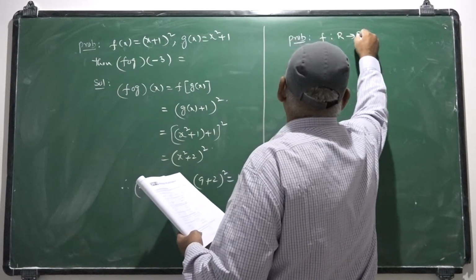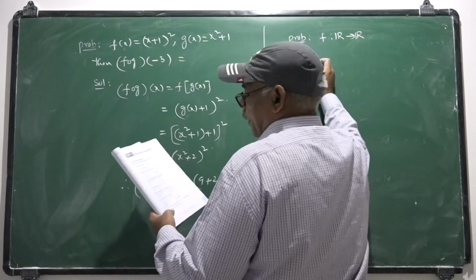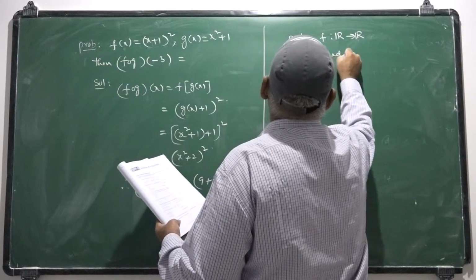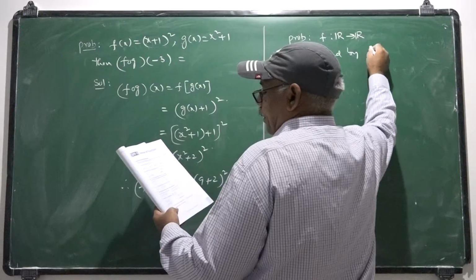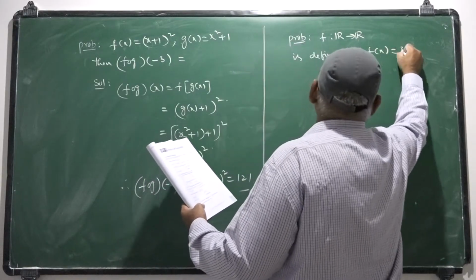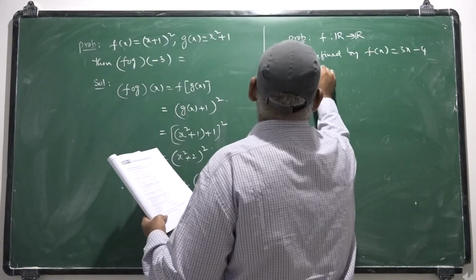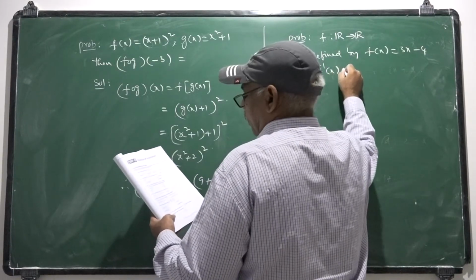F from R to R, set of real numbers to set of real numbers, is defined by f(x) equal to 3x minus 4, then f inverse x is.